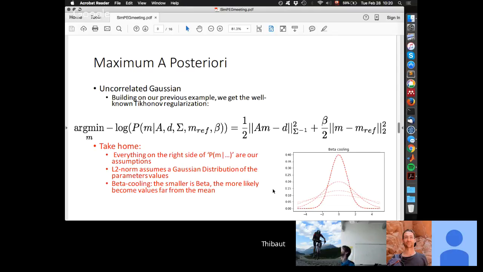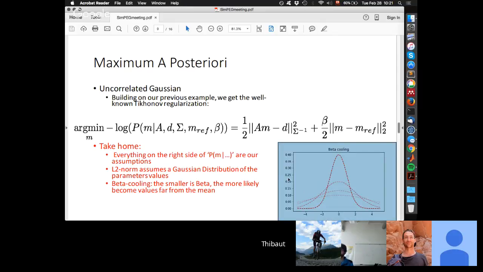One thing that was nice to look at too is beta cooling in our inversion. At first, when beta is high, we assume that our model is drawn from this distribution in a very narrow space. And the more you cool beta, the more you allow your model to take values far away from your mean, so away from your mref.